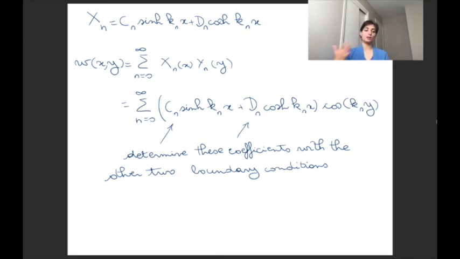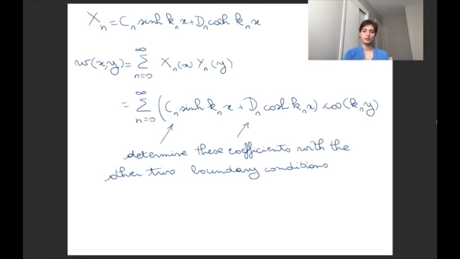Now that we have solved for y_n, we can solve for x_n. X_n has the standard setting of hyperbolic sine plus hyperbolic cosine computed at k and x with some coefficients in front. Then our full solution w is the infinite sum of x_n times y_n.